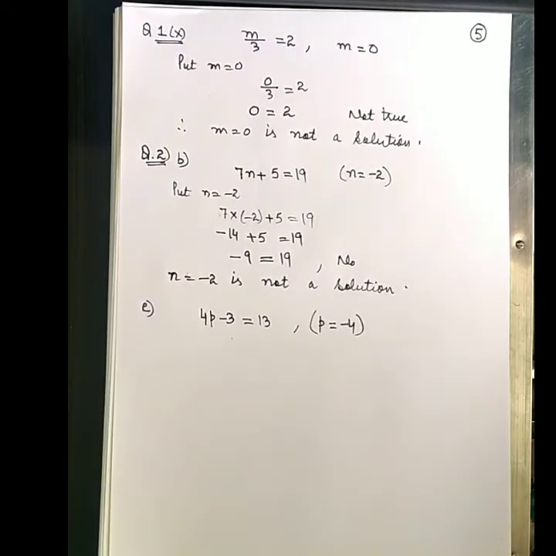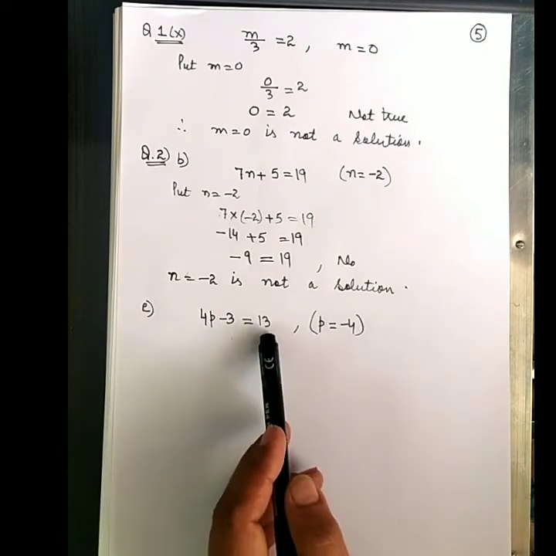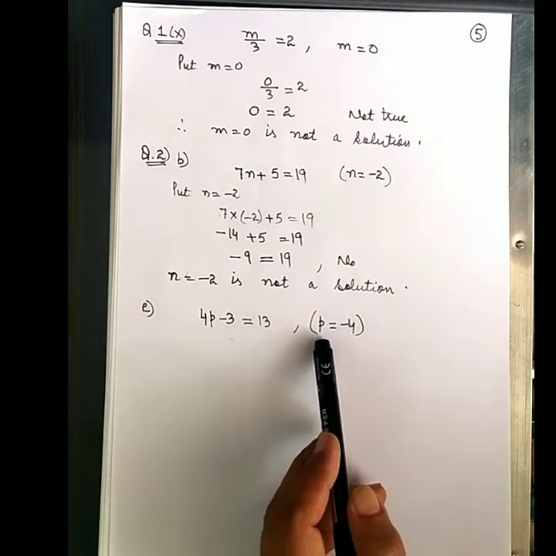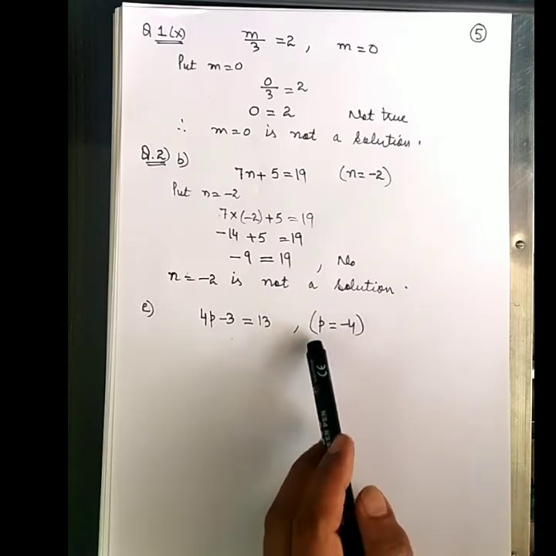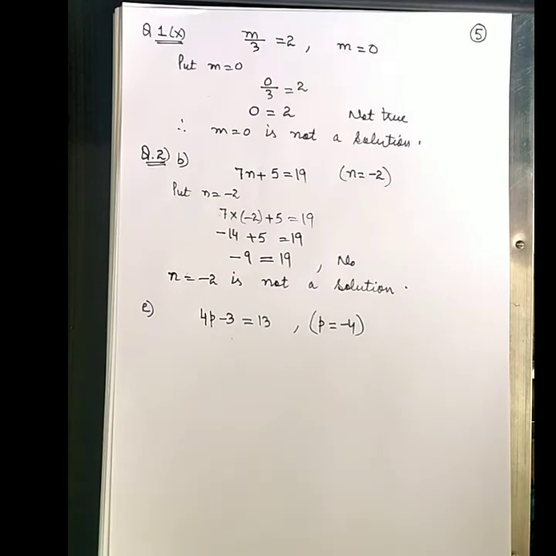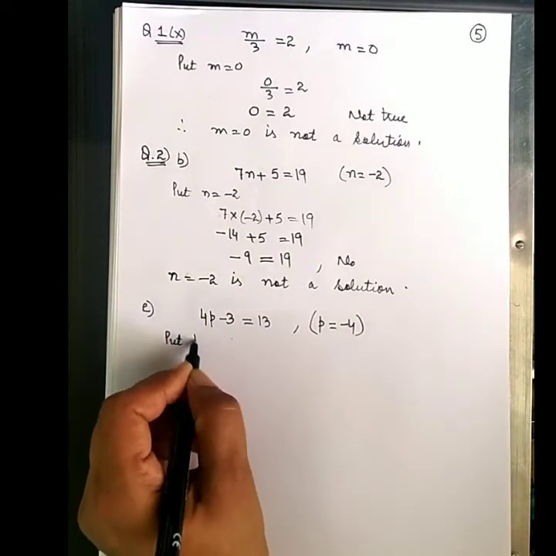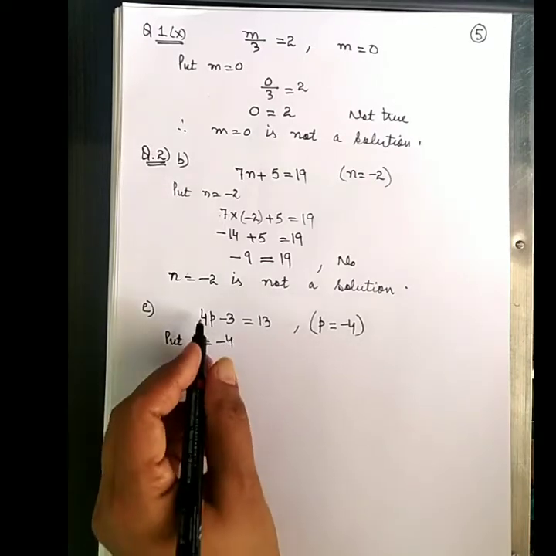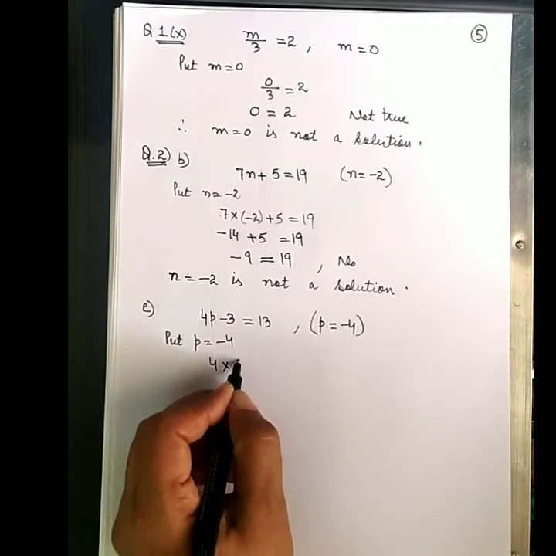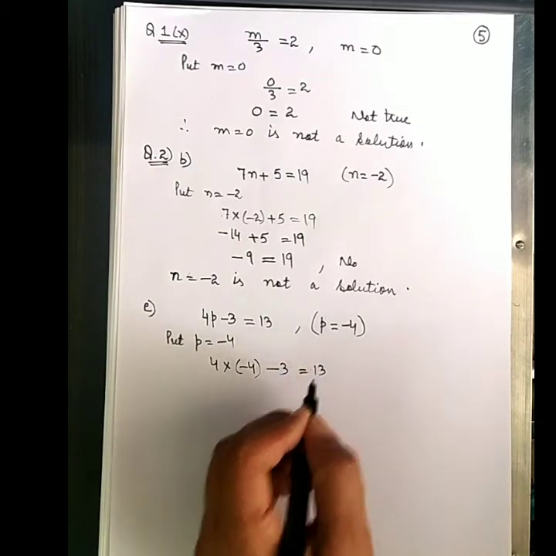Next E part. Equation is 4p minus 3 is equal to 13 and p is equal to minus 4. Again you have to check whether it is a solution or not. Now put p is equal to minus 4. So it will be 4 into minus 4 minus 3 is equal to 13.